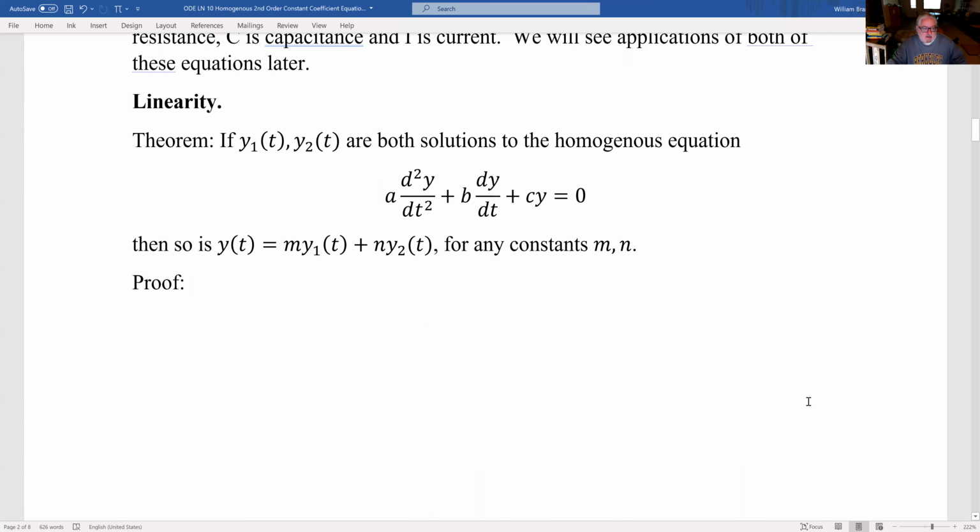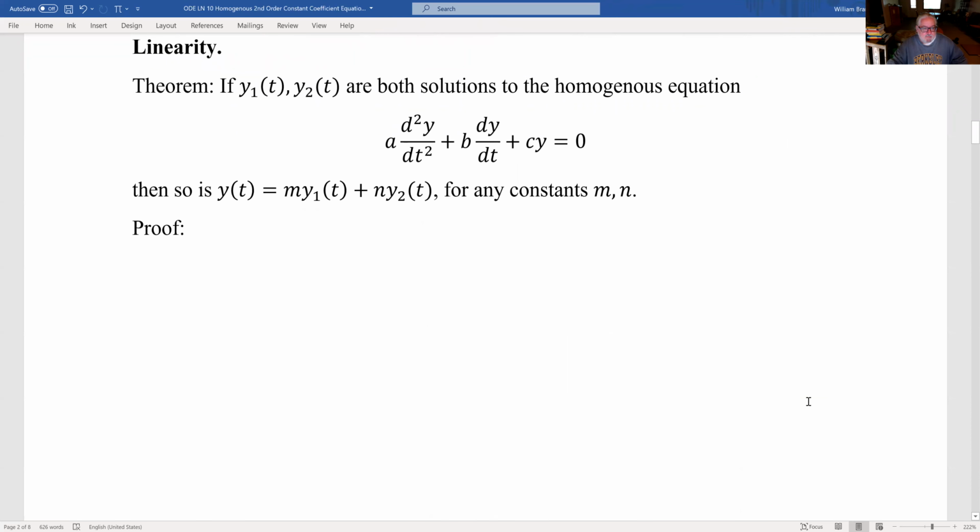So, linearity. Here's our second order homogeneous constant coefficient equation. Suppose we have two solutions. Show that a linear combination of those two is also a solution. So how do we prove this? Well, y1 is a solution.